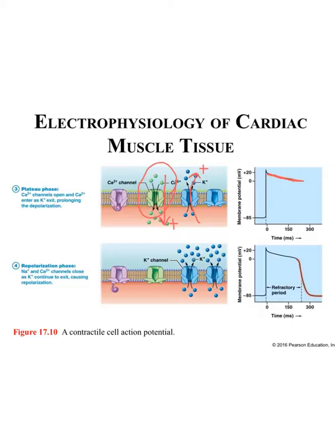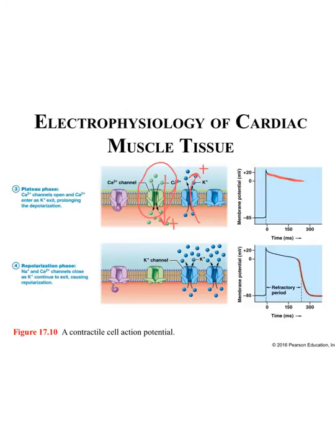Why this is so important: if we lengthen the depolarization phase, you are allowing the heart to fill with blood. You don't want your action potentials to be too close together with cardiac muscle, unlike skeletal muscle, where you want it to be very fast. We're going to follow that with repolarization.